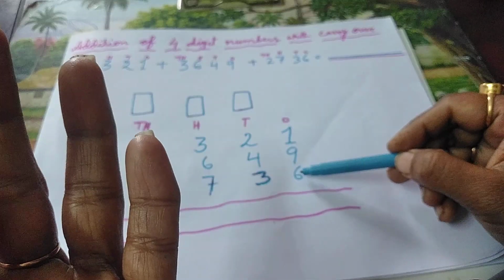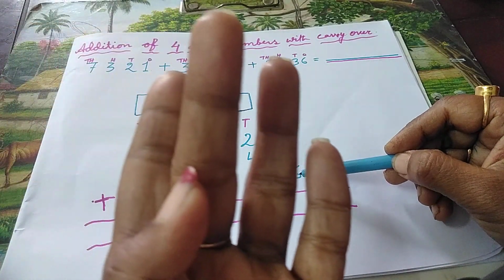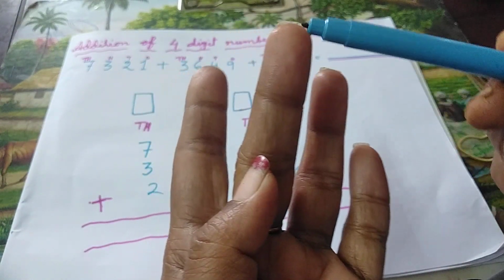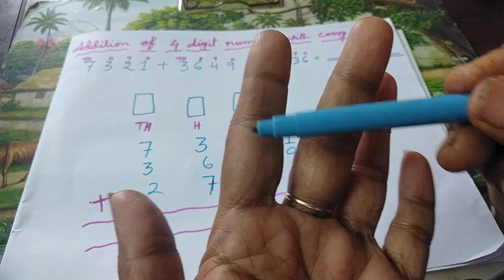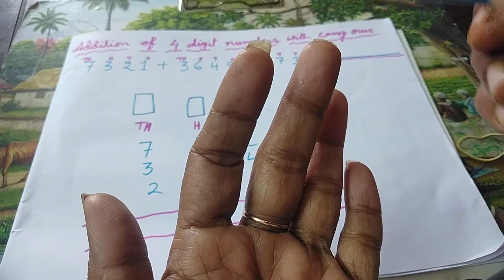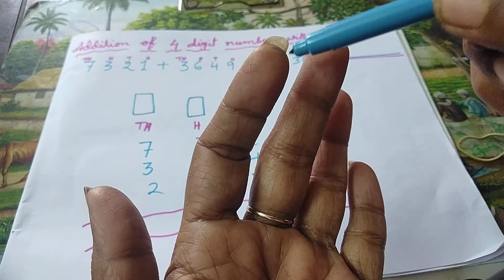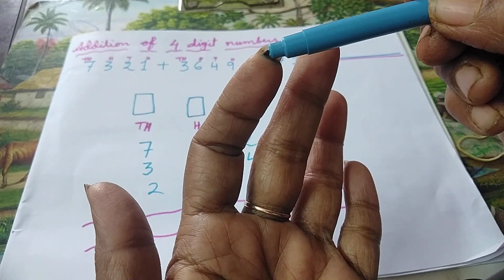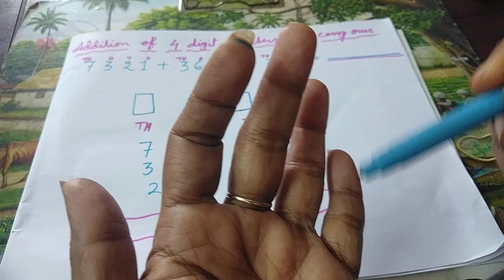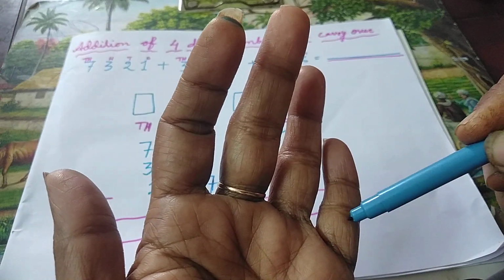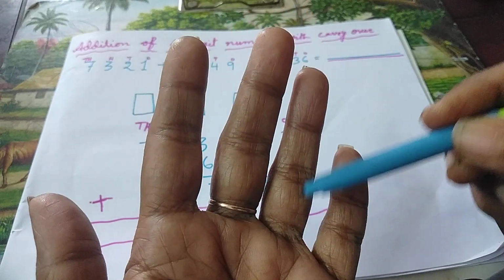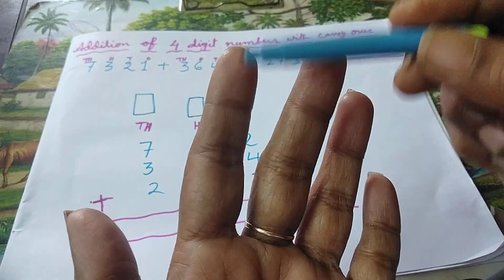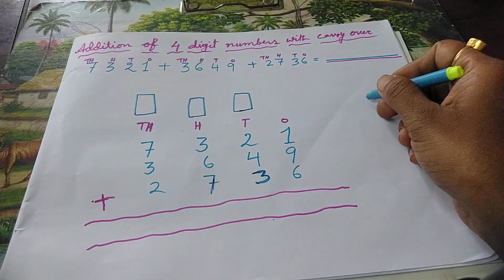Okay. The last digit is 6. Count more 6 lines from the next line. 1, 2, 3, 4, 5, 6. See children, from here to here, how many lines are there in all? 1, 2, 3, 4, 5, 6, 7, 8, 9, 10, 11, 12, 13, 14, 15, 16. 16.